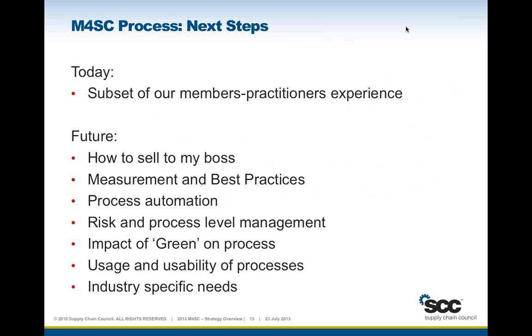But how does this relate to our automation tools? Or what's the impact of risk on process level management? In my industry, this is a very standard way of performing these kind of analysis on roles and responsibilities, or the cost structure of my supply chain.